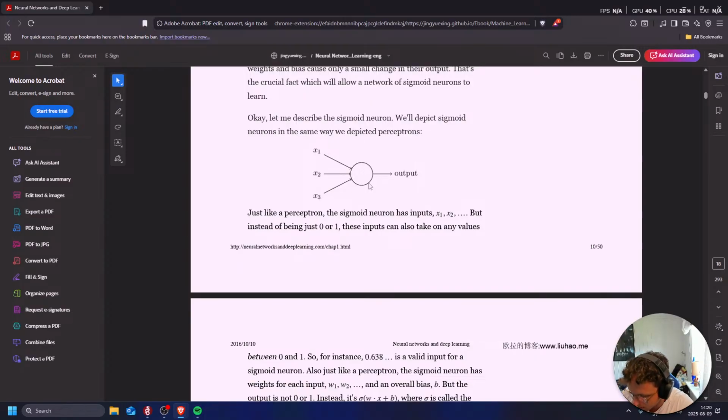So there can be multiple inputs. It doesn't have to be 3 inputs. It can be a lot of inputs. So let's make some dots here.